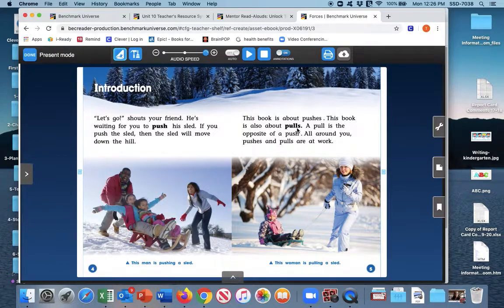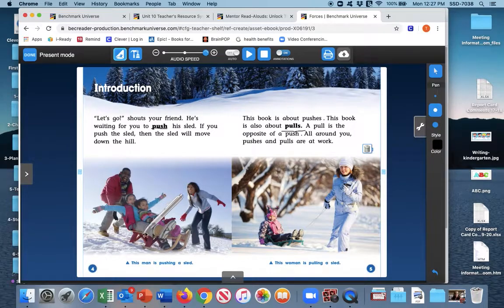Opposites, for instance, up, down, are opposites. In, out, are opposites. So on this page, we have push and we have pull. These words are opposites. I'm going to go ahead and underline them now. Push and pull.